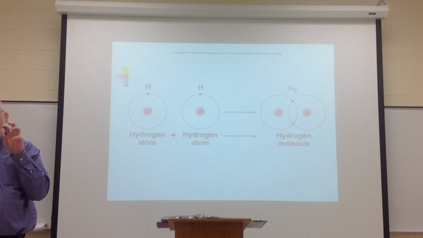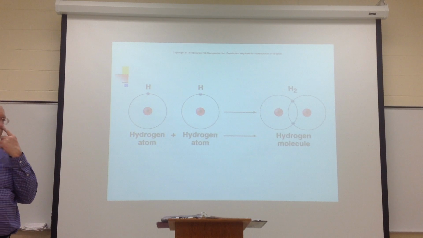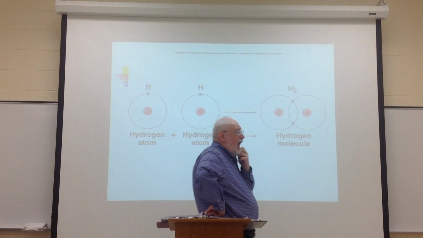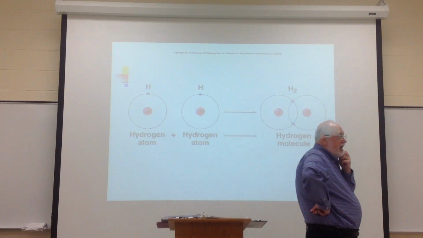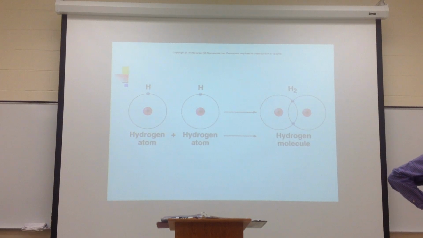All right, hydrogen gas is made up of hydrogen molecules. 2-atom molecules. There we go. And between the 2 hydrogen atoms in the hydrogen molecule is a single regular covalent bond. Why? Because each hydrogen atom gave 1 electron to form it, and the 2 electrons are now a shared pair between the 2 nuclei.